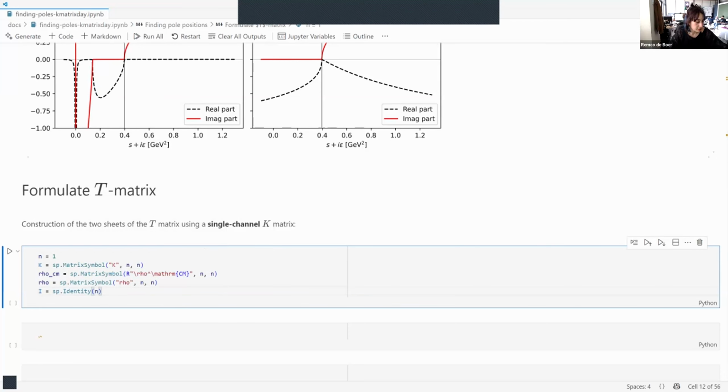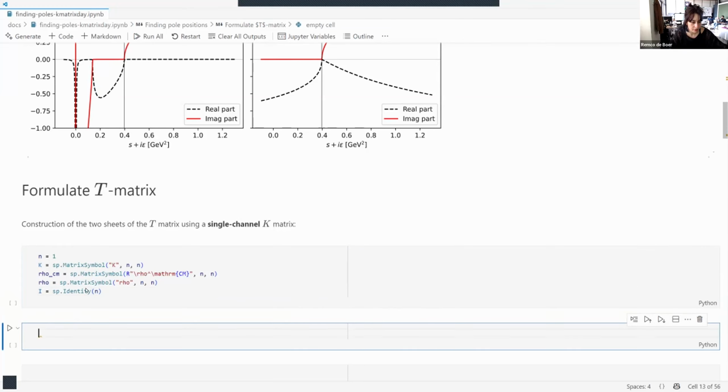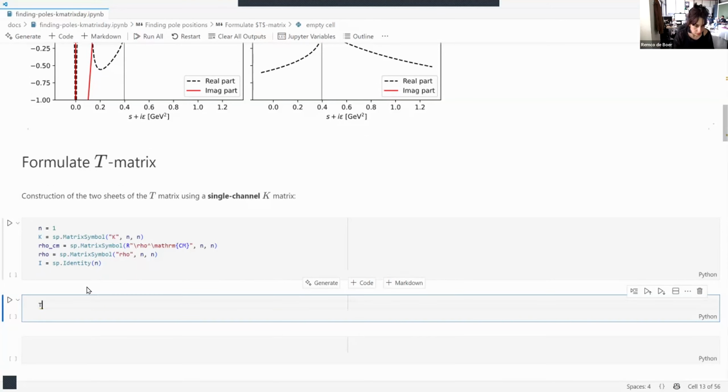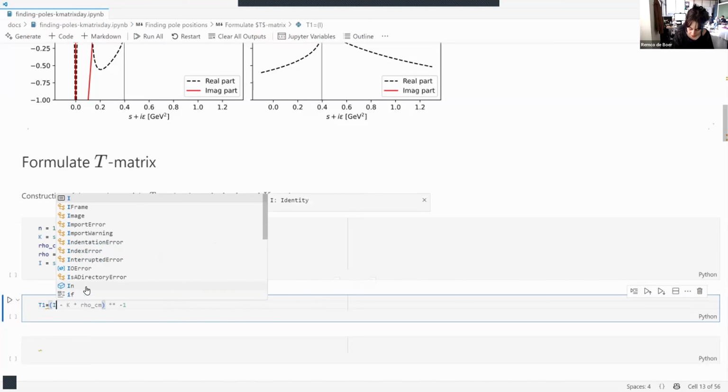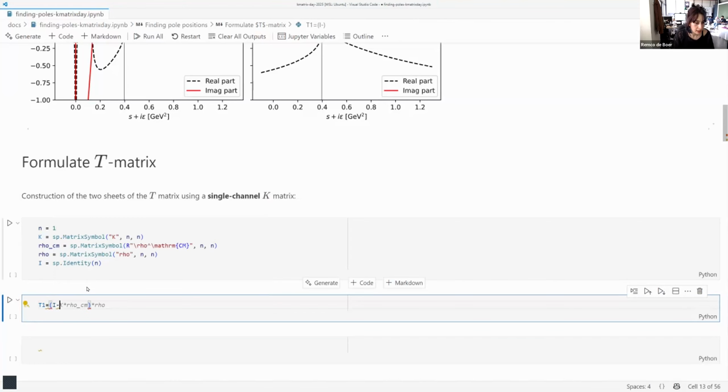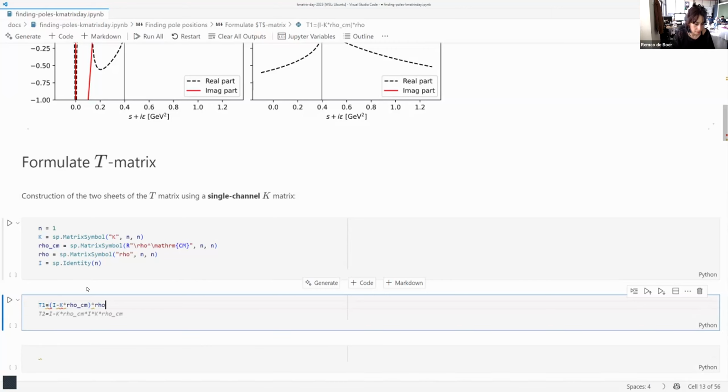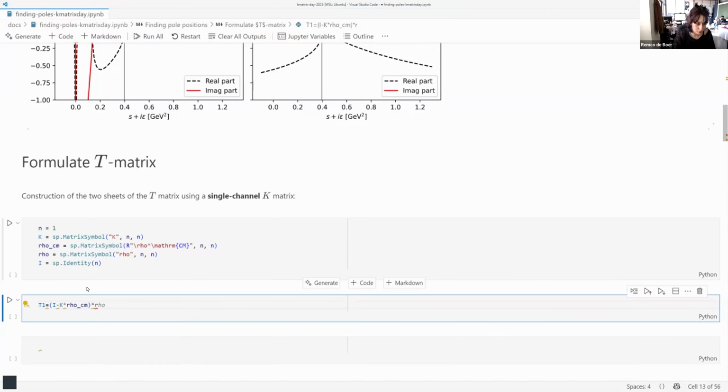Now we want to construct a T matrix from the K matrix symbols. And this I'm going to do like this. So I'm first defining the first sheet now. T1 is equal to, so this we saw before, identity minus K rho CM times K. Cool.